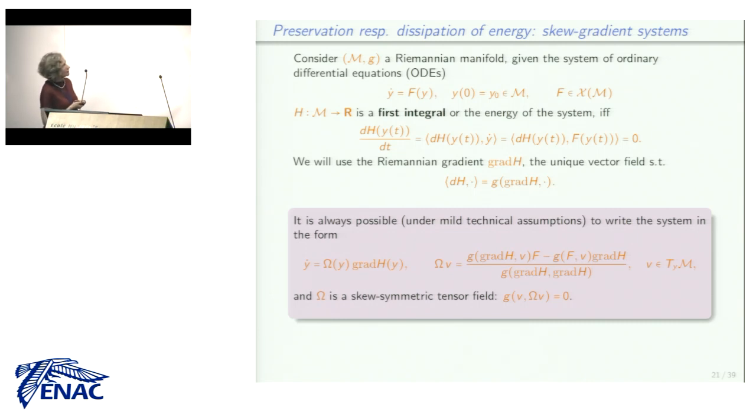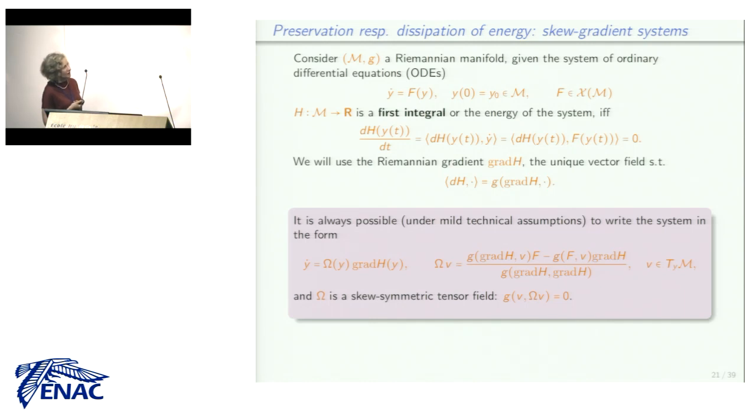It turns out that under mild technical assumptions, you can always write your problem in this form, by means of the gradient vector field and a skew-symmetric tensor field. It's important that this is a skew-symmetric tensor field.